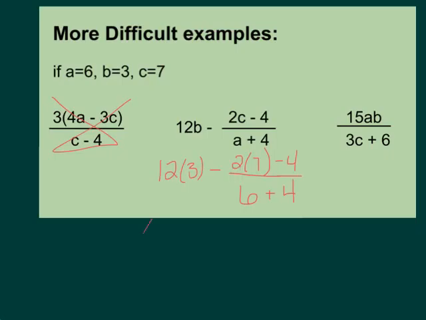12 times 3 is 36, minus 2 times 7 is 14, minus 4, over 6 plus 4 is 10. We can go ahead and simplify that. And then we've got 36 minus whatever the value of all of this is.